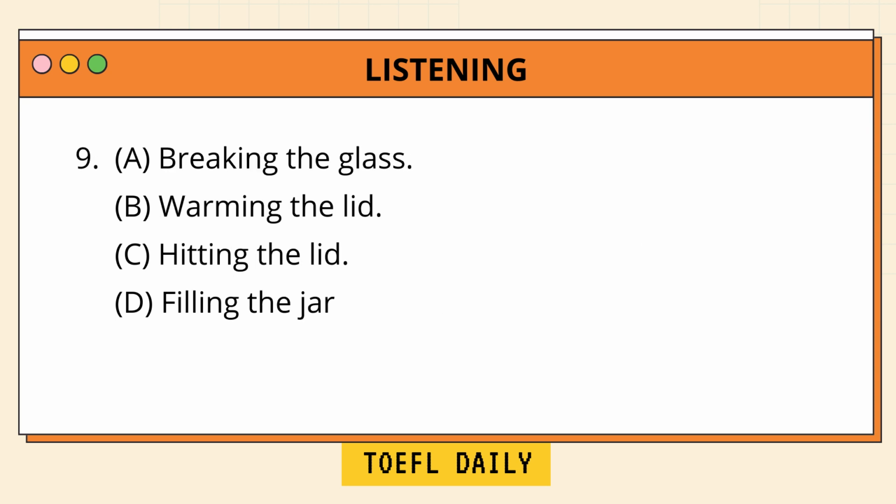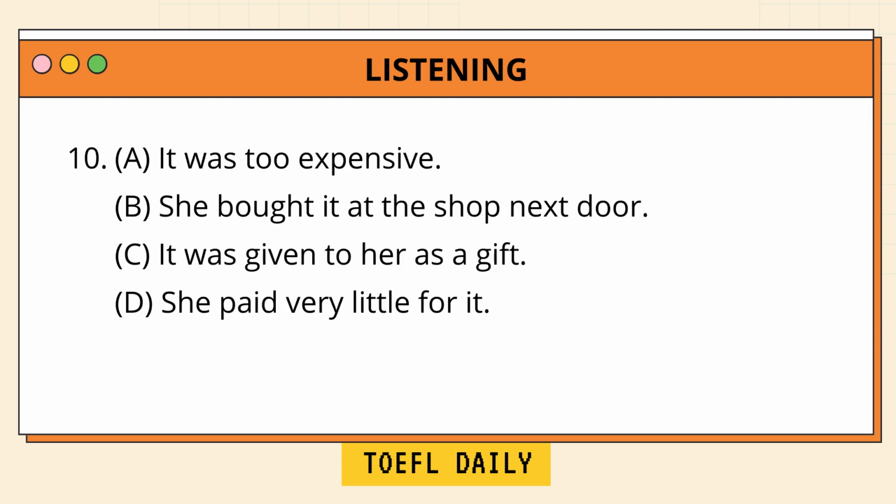Number 9. I can't seem to get the lid off this glass jar. Maybe you could heat it in some warm water. What does the woman suggest? Number 10. This desk must be an expensive antique.